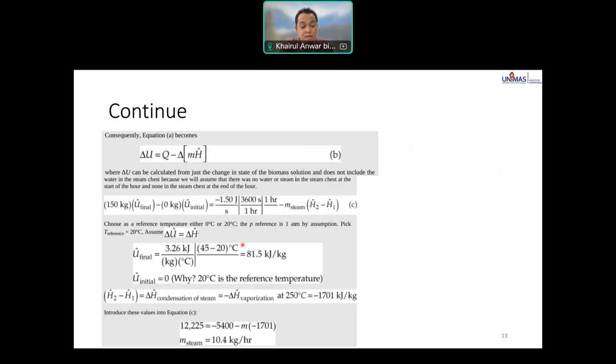So delta U can be calculated from just the change inside the biomass solution and does not include the water in the steam chest, because we will assume that there was no water or steam in the steam chest at the start of the hour and none at the end of the hour.